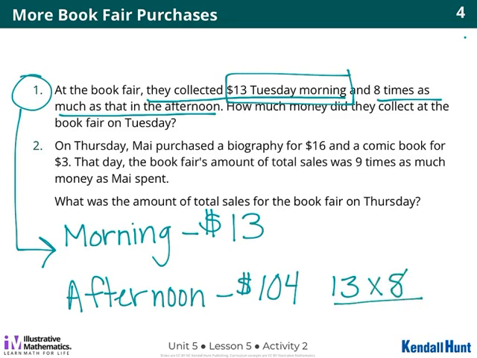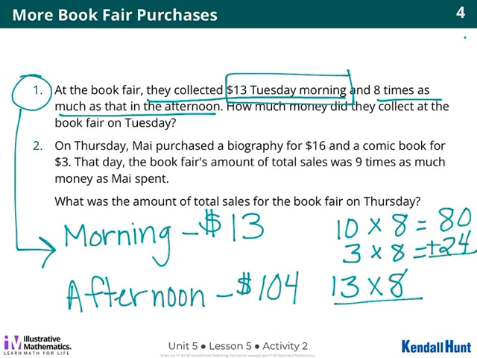Okay, so if you multiply 13 times 8, I would break that into 10 and 3. Is that what you were raising your hand for? And then add those, right? And then that would give you 104. And then you had to add the 13. But you're not done, are you? Because the question is, how much did they make on Tuesday?